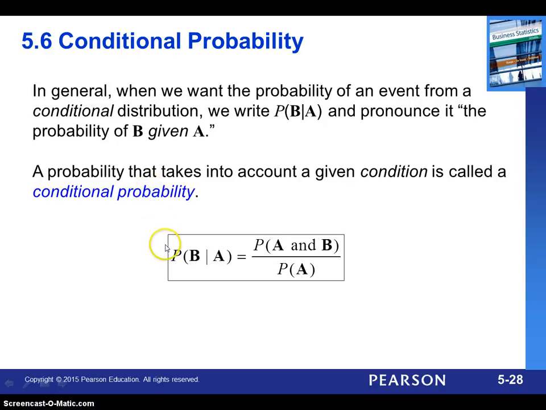We can calculate it from the contingency table just by finding the rows and columns that our numbers match and dividing, or we can use this formula. The probability of event B given event A is the probability that both of them are true. We recall from last section that the probability of A and B would be row A in the contingency table with column B, or vice versa.